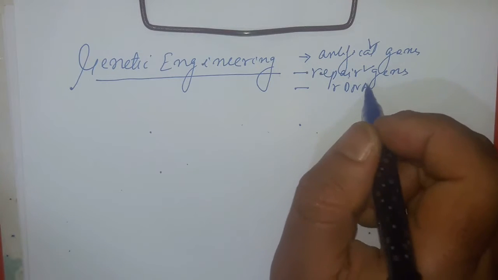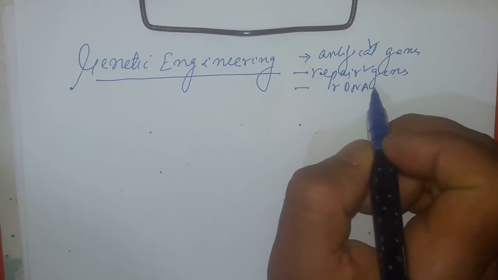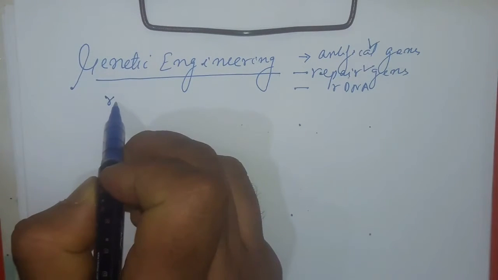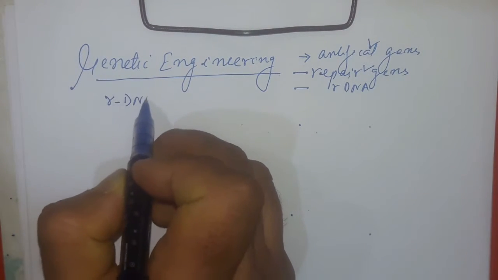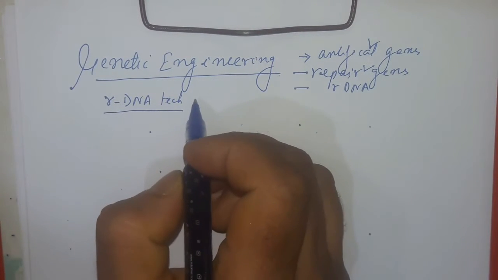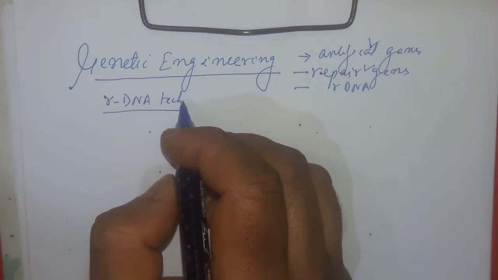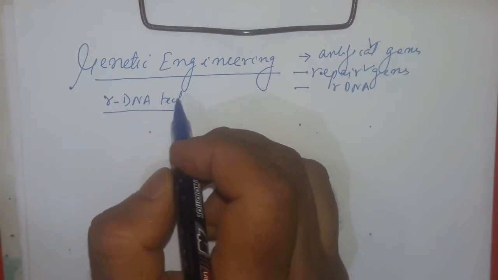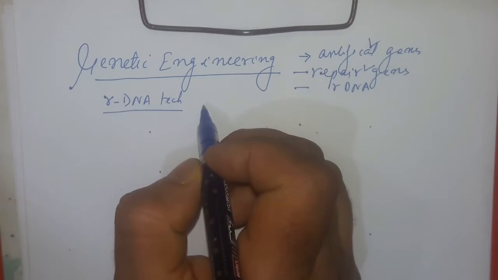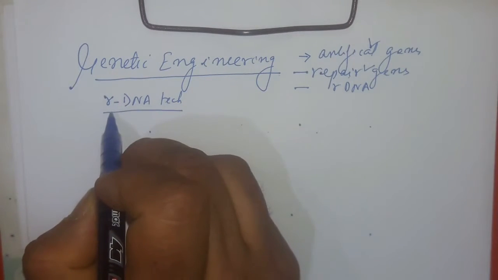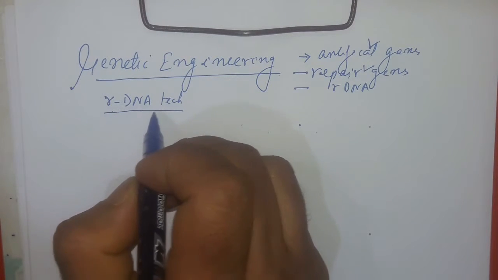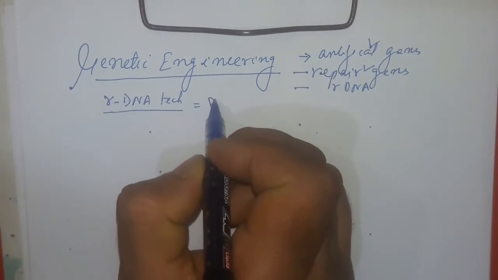So basically, if we take all the aspects of genetic engineering are very important, and rDNA technology is most important because of mixing of different genes. So this gene splicing, as we call it, is simply cutting and pasting of desired DNA fragments.